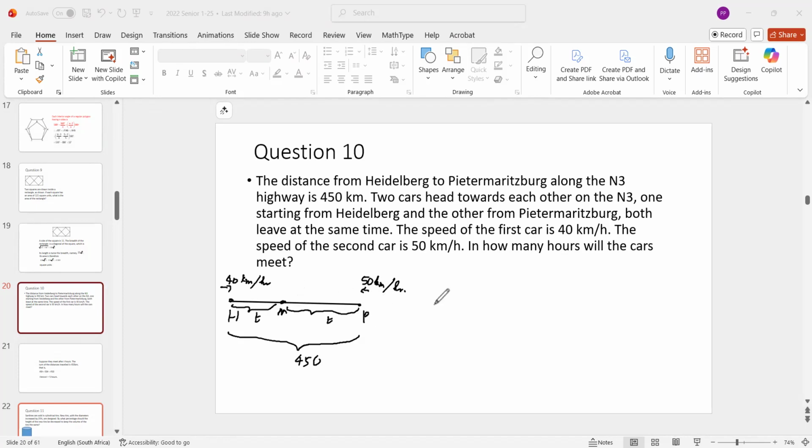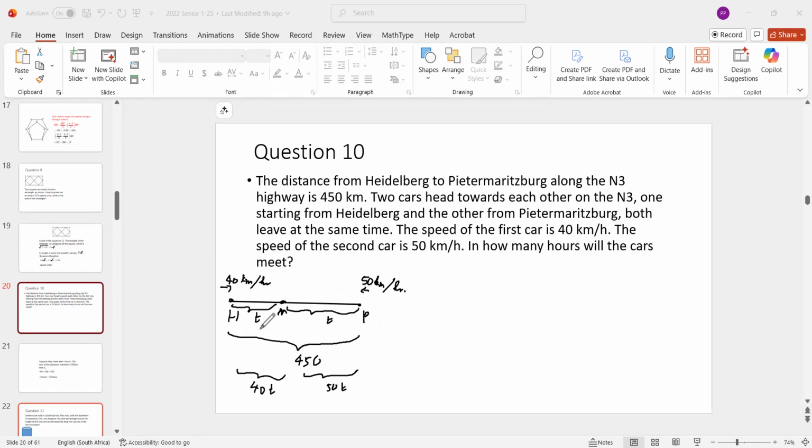Now this picture here will give you an equation. Because the speed here is 40 kilometers in 1 hour, so this distance here in T hours has to be 40T. Because in 1 hour it's 40, and 2 hours is 80. In T hours it will be 40 times T. And the same thing with this.